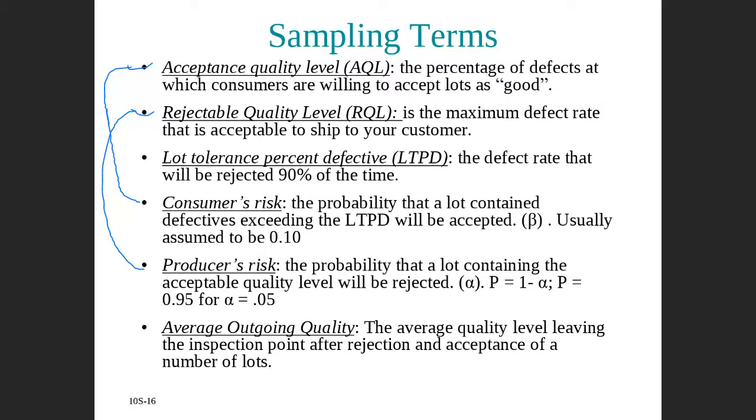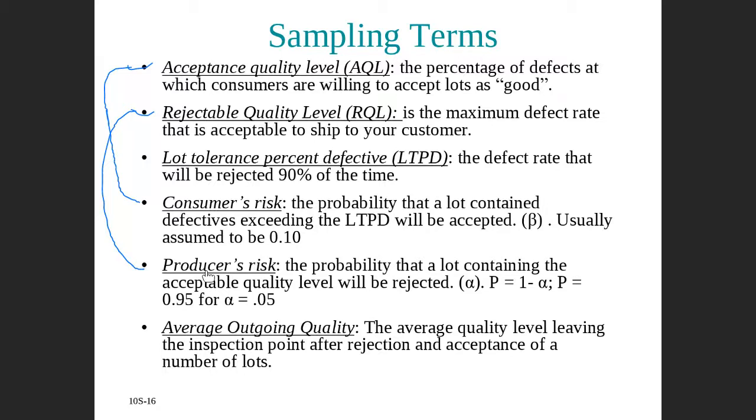In other words, the consumer will suffer if this happens because they will accept lots that have unacceptable quality, since the number of defects is exceeded. On the producer risk, it is the probability that a lot that has good quality will be rejected. So who is going to suffer from that is the producer. He is the one who supplies you with the goods, equipment, items or products.